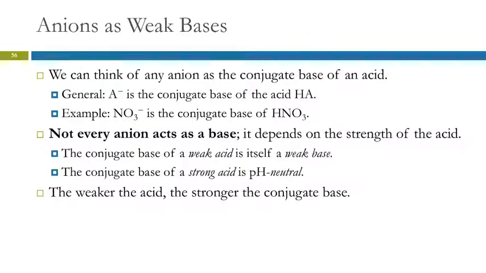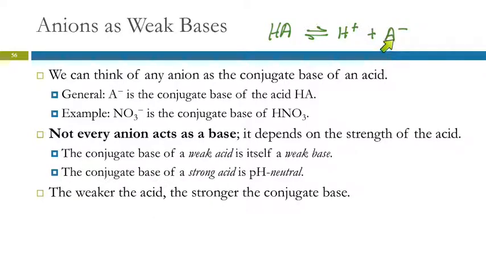So we can think of any anion as being the conjugate base of an acid. So we've used HA to stand in for generic acid, right? When that acts as an acid, let's write it out here. So when that acts as an acid, it loses a hydrogen ion and forms A-, right?